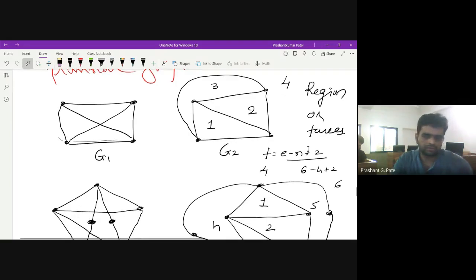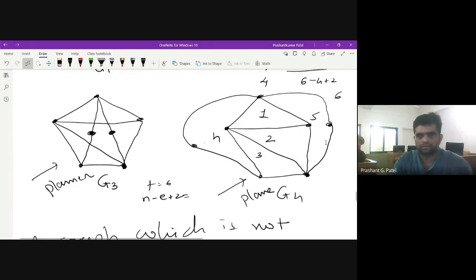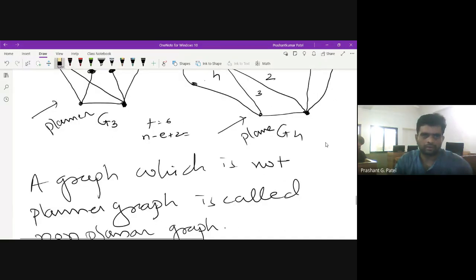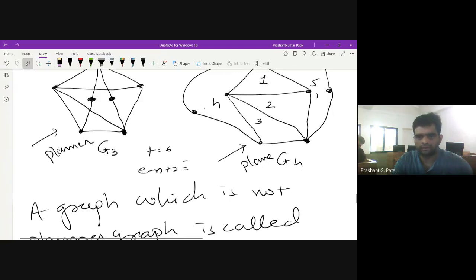In this one, you can check f is 6. Using e minus n plus 2, the number of edges are 1, 2, 3, 4, 5, 6, 7, 8, 9, 10, 11.